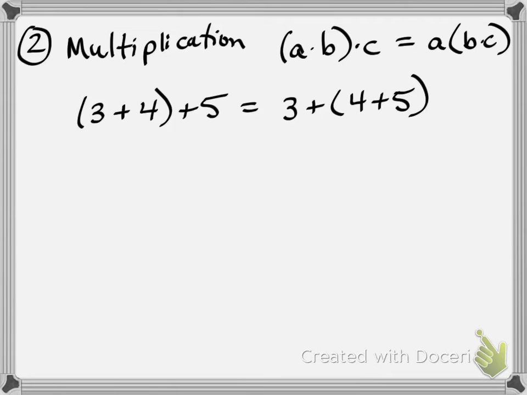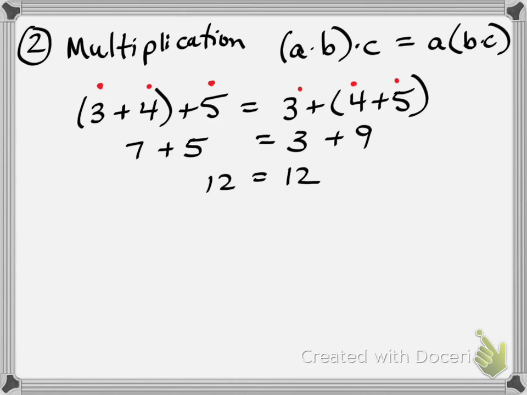And the associative property is also closed under addition and closed under multiplication. Here we do the parentheses first, over here we do the parentheses first, but on both sides we get 12. So it doesn't matter what order we do it, you just notice who we group with who. But 3, 4, 5, 3, 4, 5. The order is the same in the associative property. All that changed was the placement of the parentheses.